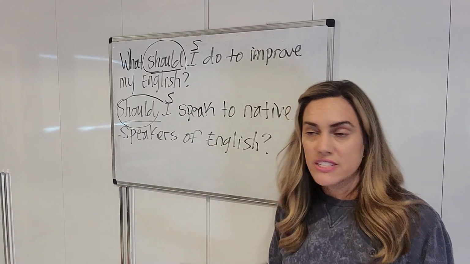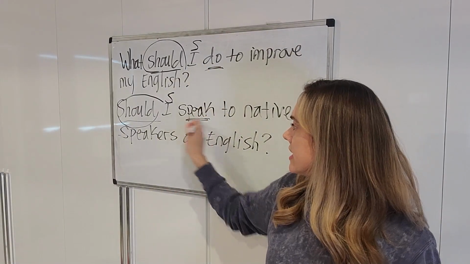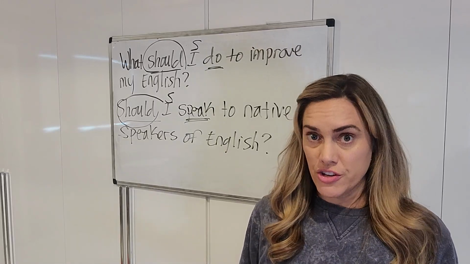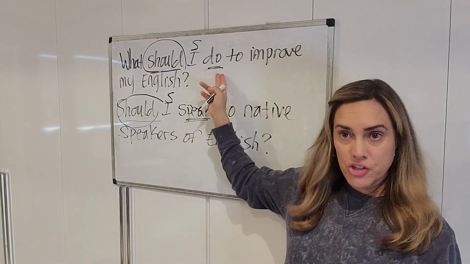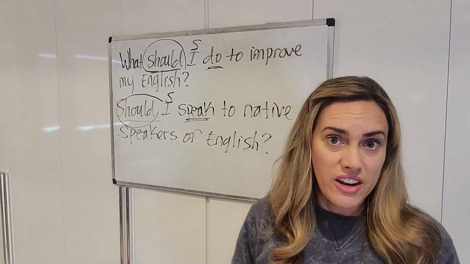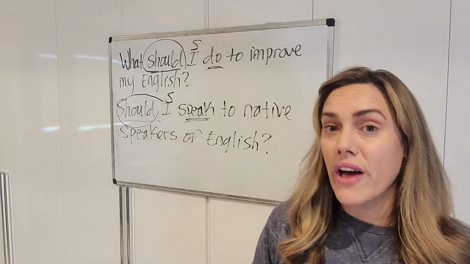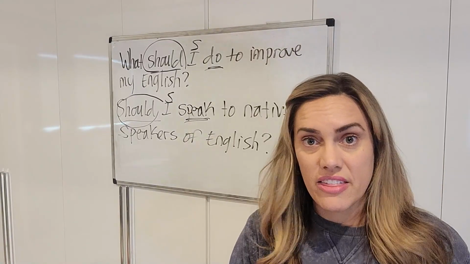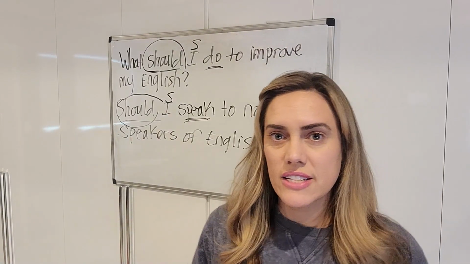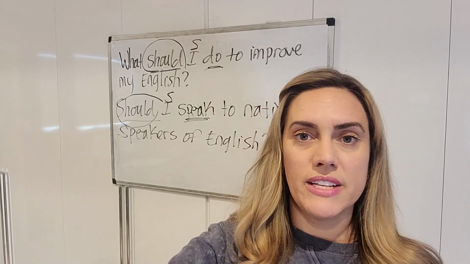And then after the subject is the base form of whatever verb you are using. Here we have do and speak. Base form means no change, no ing, no s, no ed, nothing. Just the simple form. Now let's look at some affirmative and negative statements.